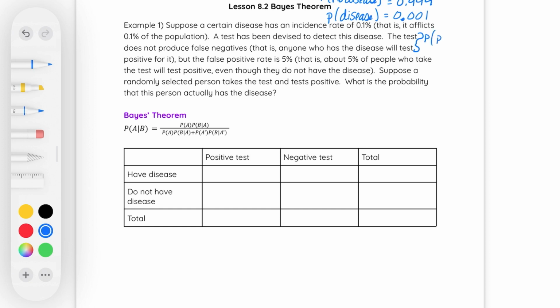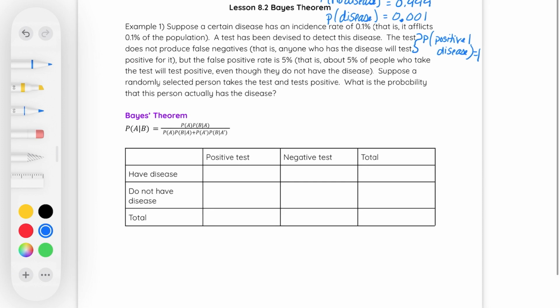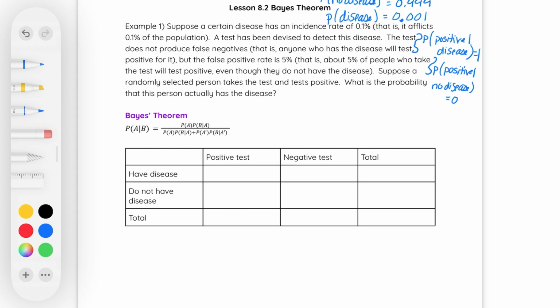This is the probability that they test positive given that they have the disease itself, which is 100% of the time. However, for this next couple lines, the probability that it tests positive given that there is no disease, so a false positive, is 5%, so 0.05.